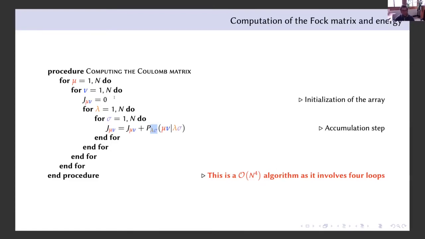Why? Because it involves 4 loops, over mu, nu, lambda and sigma. So I'm going to do n to the 4 operations, and it's going to cost me n to the 4. So that's very basic programming, and that's going to be very expensive if you do it like this.